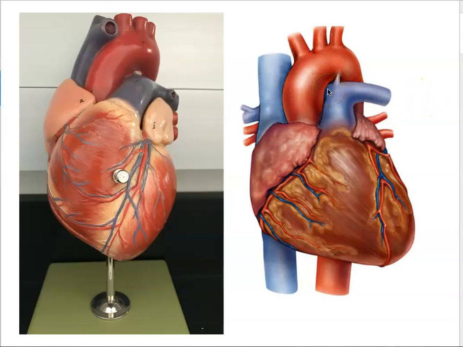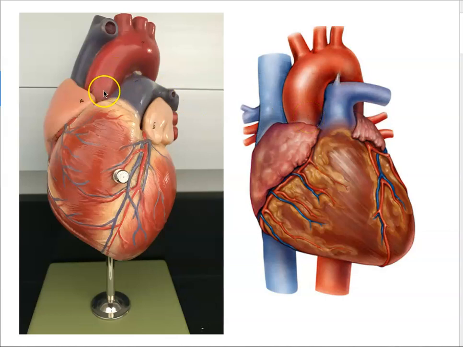Now, the right pulmonary artery, you can't see it. It's kind of hidden behind these structures, but here it is peeking through. This is the right pulmonary artery taking the deoxygenated blood away from the right ventricle to the right lung.